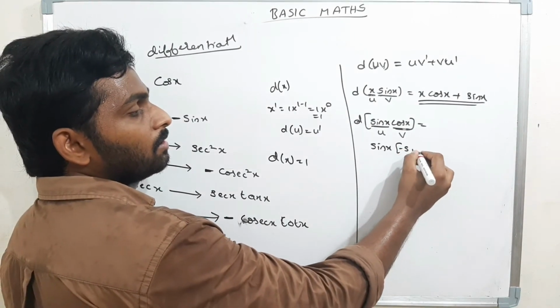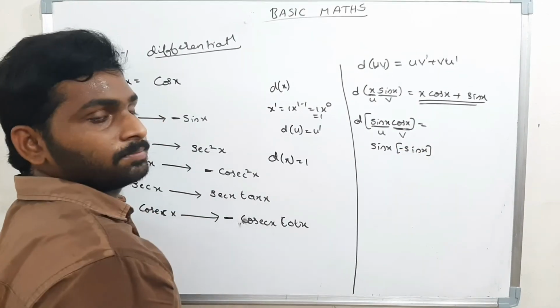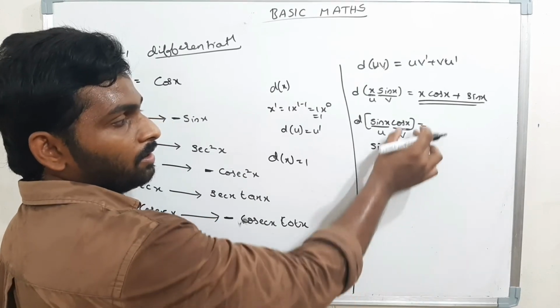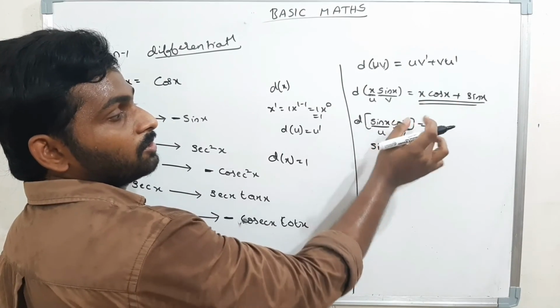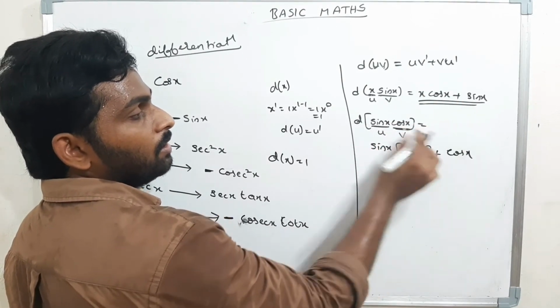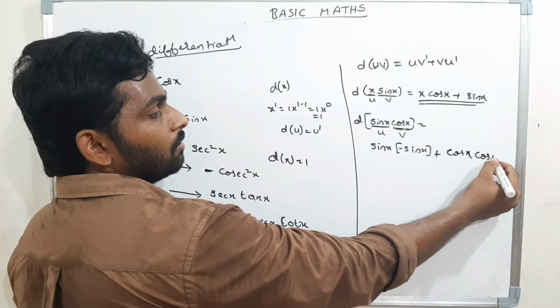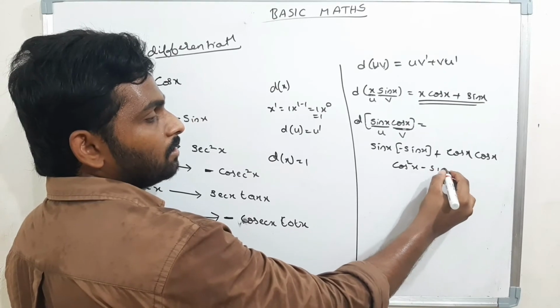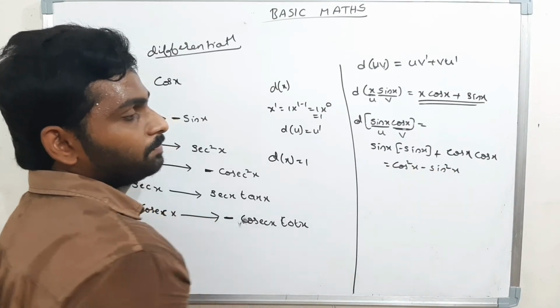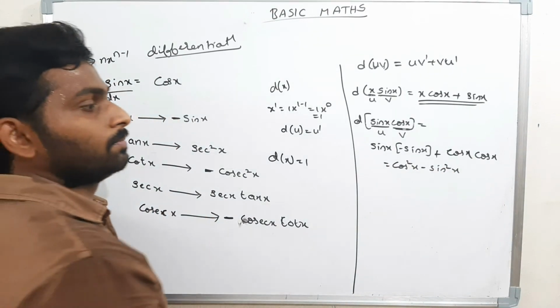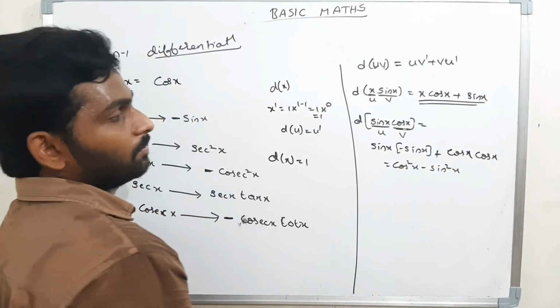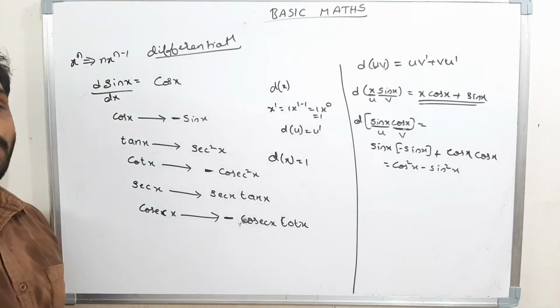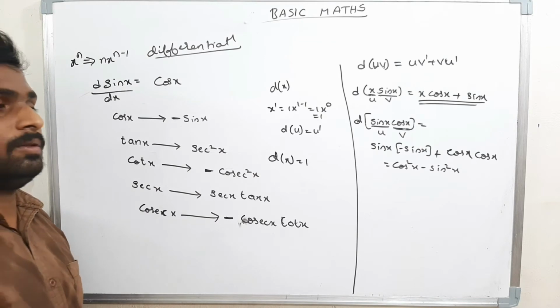Minus sin x. Plus keep V constant now, that means cos x constant. Differentiation of sin x is cos x. Therefore what is the answer? Cos square x minus sin square x is the answer. That's all. Is it clear? Okay.